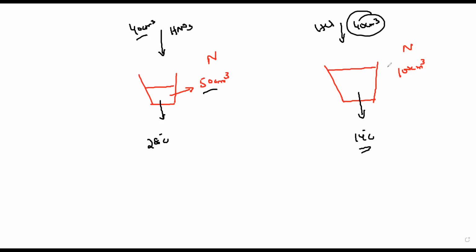Why? Because we just increased one of the reactants, the other reactant we did not change. If I double both of them, I need a double quantity of nitric acid to produce the same temperature change. Is it clear, this one? Yes, sir.